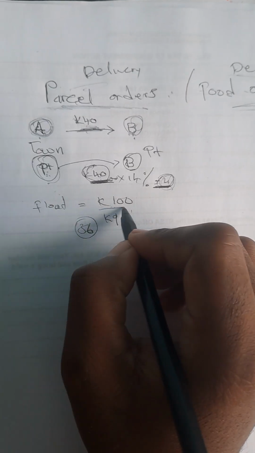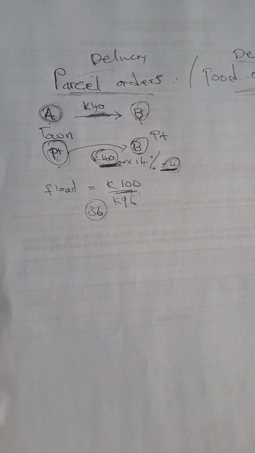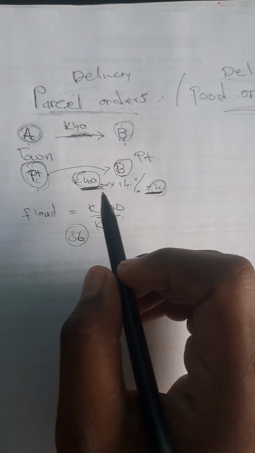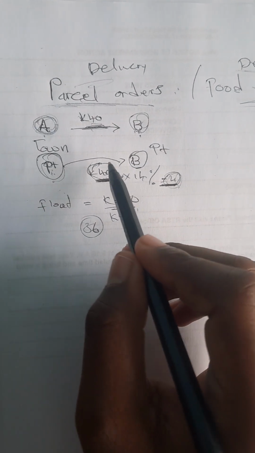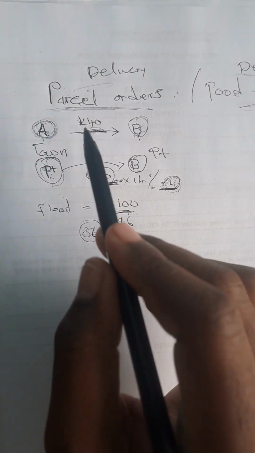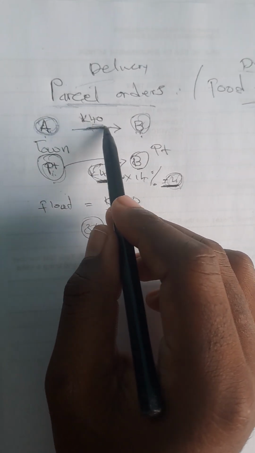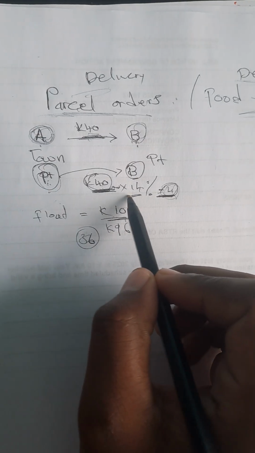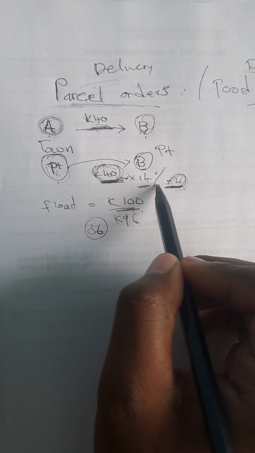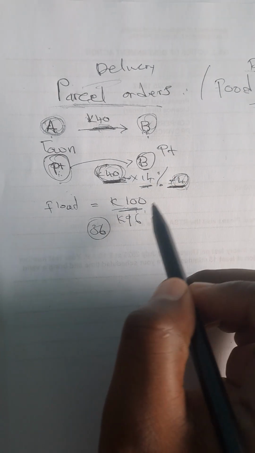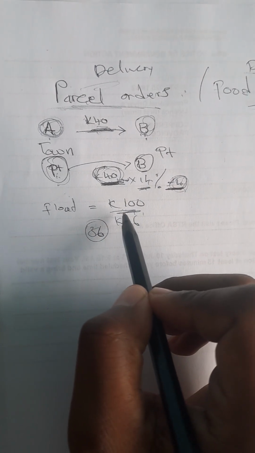That is what Yango will deduct from, depending on the amount you got for the order. So for example, the order you had is 40 kwacha. Yango will get about 14% of that 40 kwacha, which in this case, let's say is like 4 kwacha. That's how much they'll get from your float.